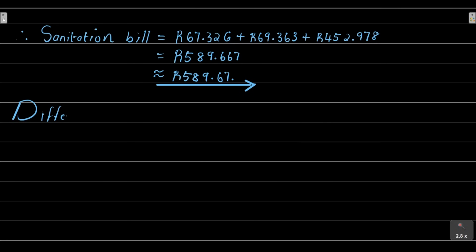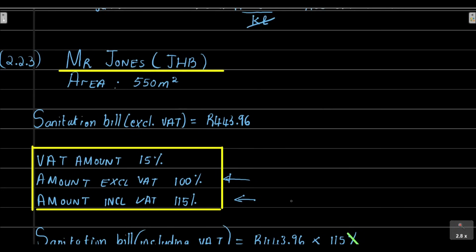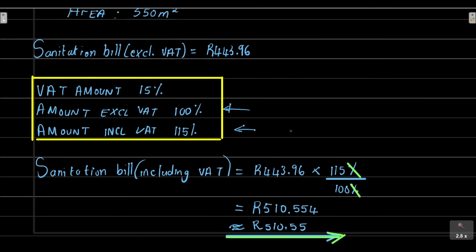So the difference in the sanitation bill is equal to the highest amount, which is 589 Rand 67 cents, minus Mr. Jones' sanitation bill of 510.55.